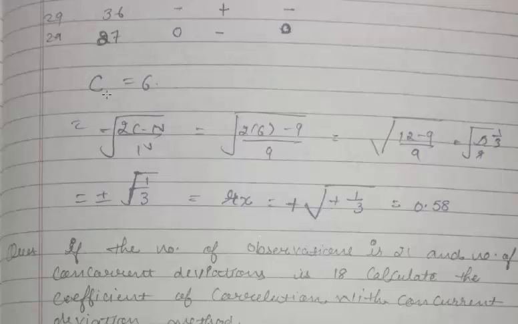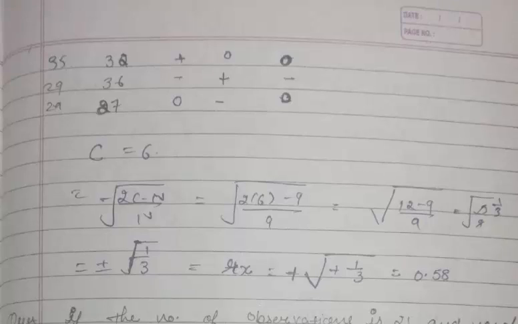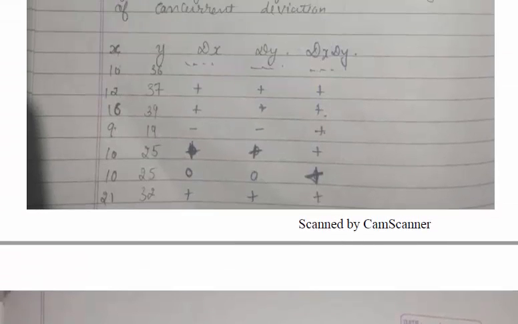For this, we can check that the sum of the positive signs is 6, then we apply the formula plus or minus the square root of (2C minus n) over n. We solve this: 12 minus 9, 3 over 9, 1 by 3, under root 1 by 3 is 0.58. So that is the answer of our concurrent deviation correlation. Thank you.